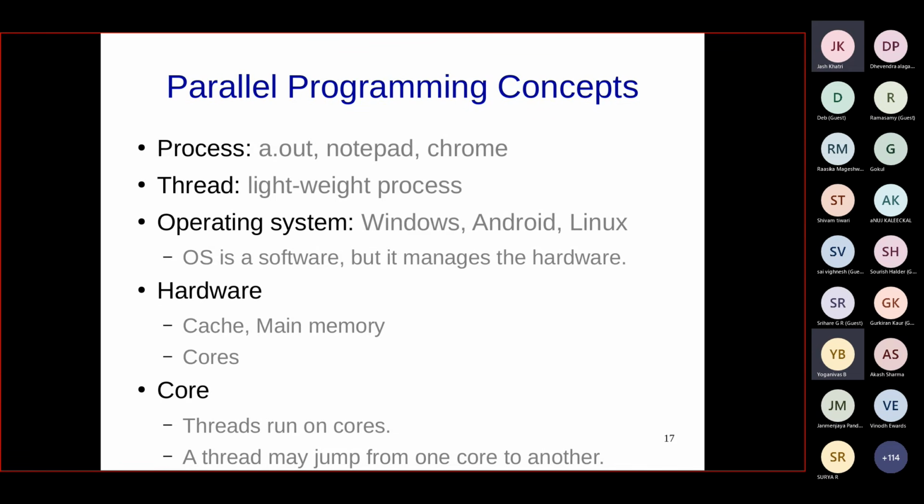Let's say it will be allocated a heap for dynamic allocation of memory, because you might declare some memory using malloc inside your code, and for that you need space. So heap will be allocated to your process. So a process is a collection of multiple things.